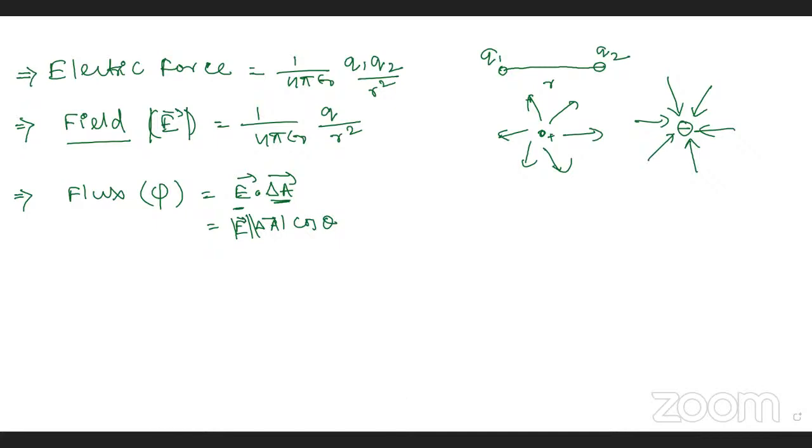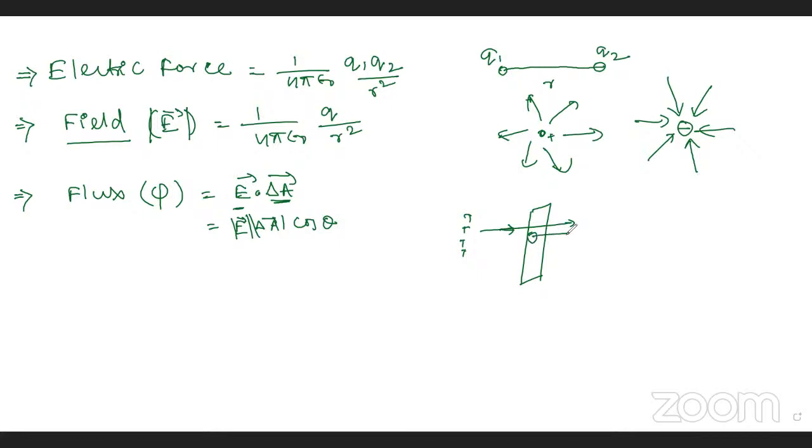But try to understand the theta, the angle that I have told you. What is theta? Suppose these are the charges, they are creating an electric field E. Theta is the angle between E and the area vector.